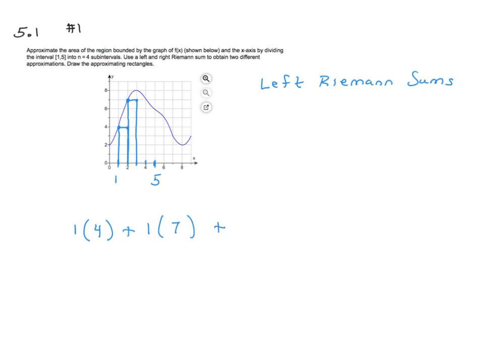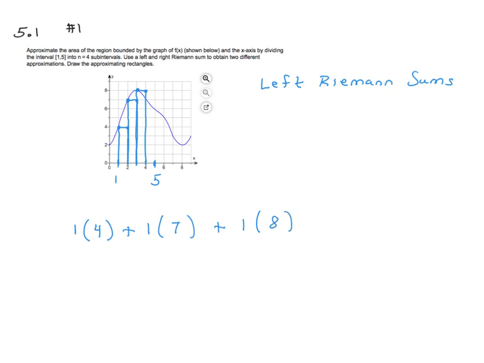If we continue in this fashion, okay, we now have to focus on our third subinterval from 3 to 4. We're talking about a left Riemann sum, so I'm going to use a left endpoint, and I'll go up to the function, which is right here. So we start down here, go all the way up to the top, which is 8, go over and down. So the base is 1, the height is 8.